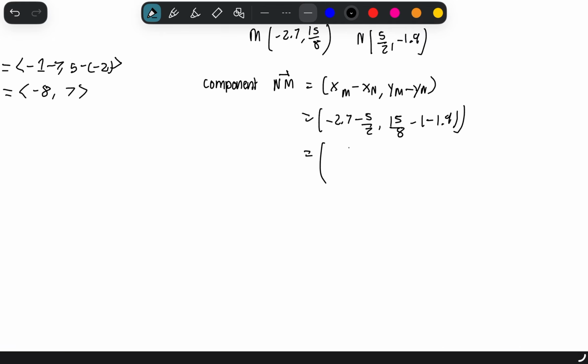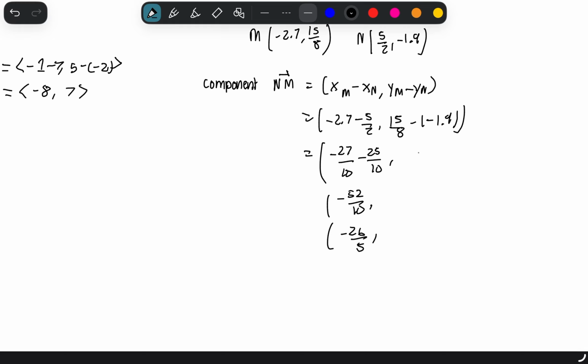So here we can write this as negative 27 over 10, and 5 over 2 we can write as 25 over 10, which we'll have as negative 52 over 10. And then here we could also simplify that to negative 26 over 5.